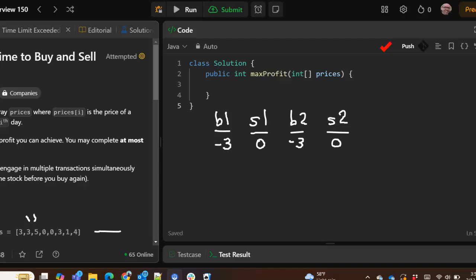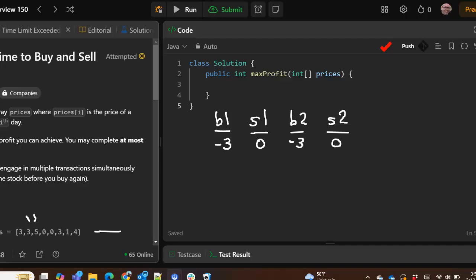Okay, let's go to the next number, which is 5. All right. First buy balance is going to be either the max of the first buy balance or the negative value of the current price, meaning right now what B1 represents is buying at 3. Now we get the opportunity to buy at 5. Well, that's actually worse. So we're not going to buy at 5.